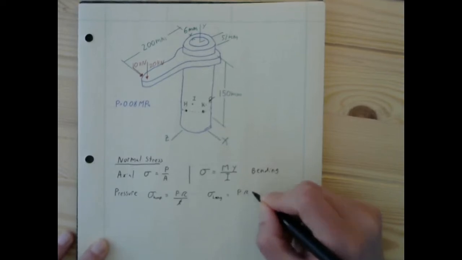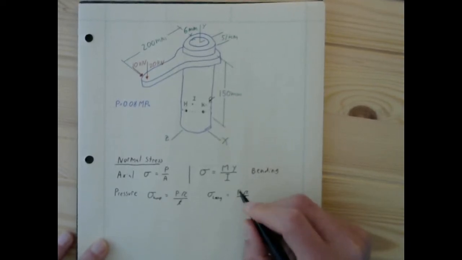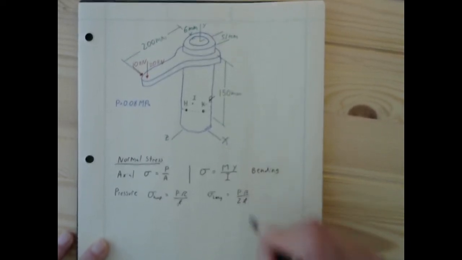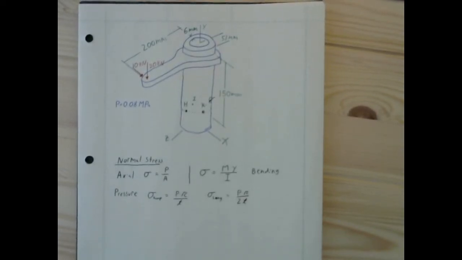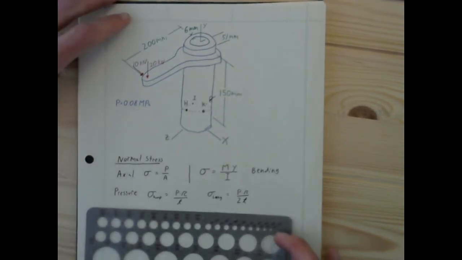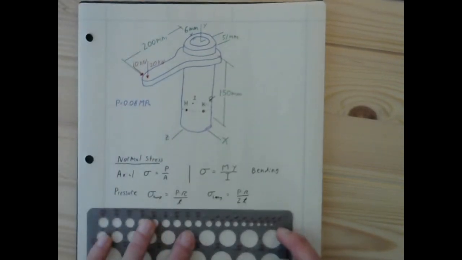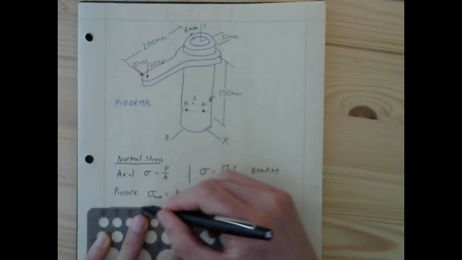P times R, but in this case it will be over twice the thickness. So that is all of our sources of normal stress.